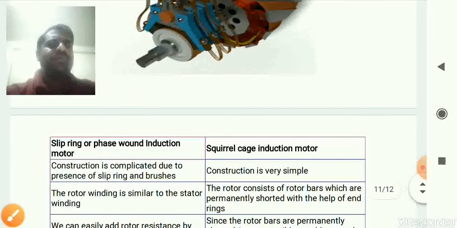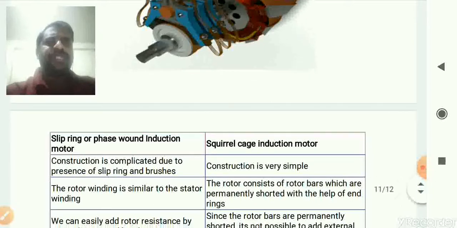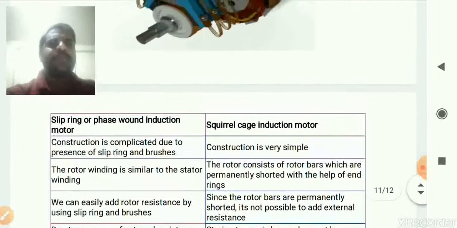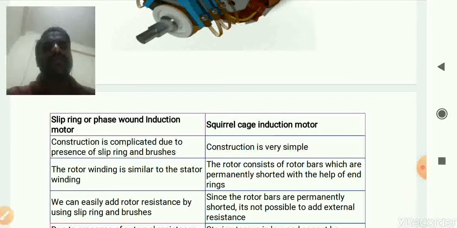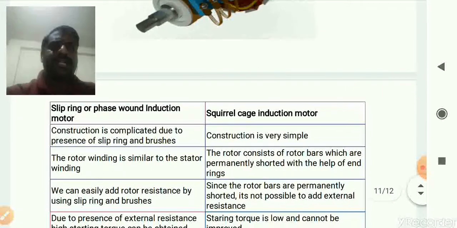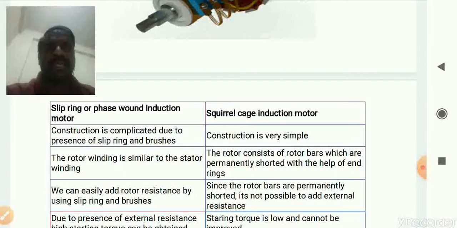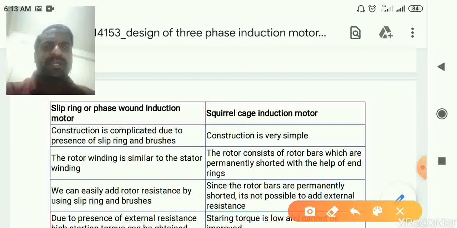Now if you want to summarize the slip ring induction motor and the squirrel cage induction motor, you can see here the slip ring induction motor is complicated in construction.